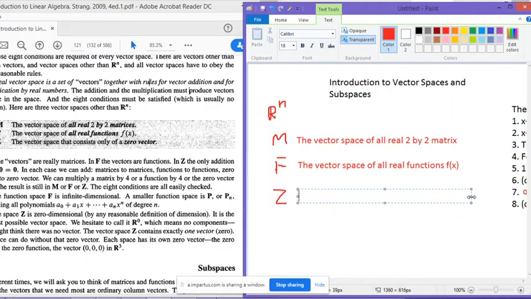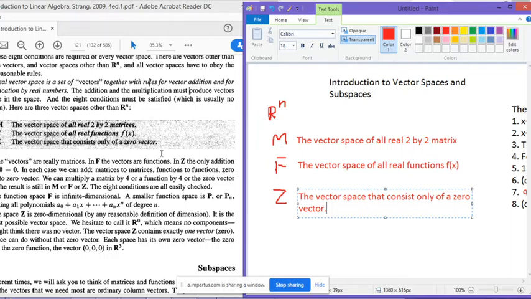And Z is the zero vector space, the vector space that consists only of a zero vector.